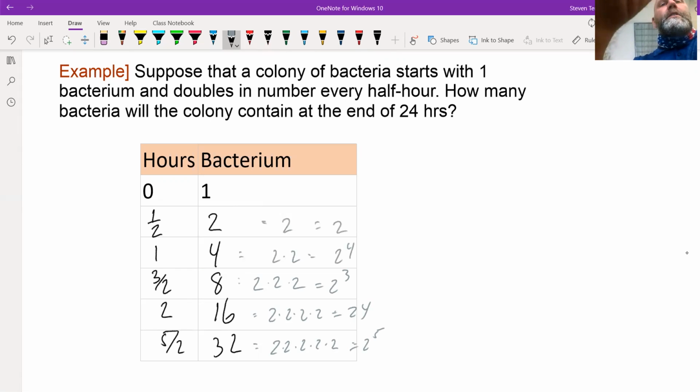And put 2 to the 0. Oops, I should have put that right there. That's going to be 2 to the 0. Okay. So this is the pattern that we have, and you can come up with this.